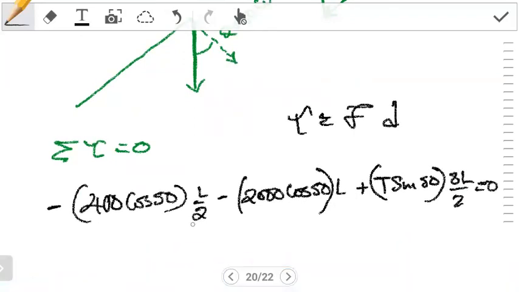Now, we can move the negative terms to the right-hand side of the equation.